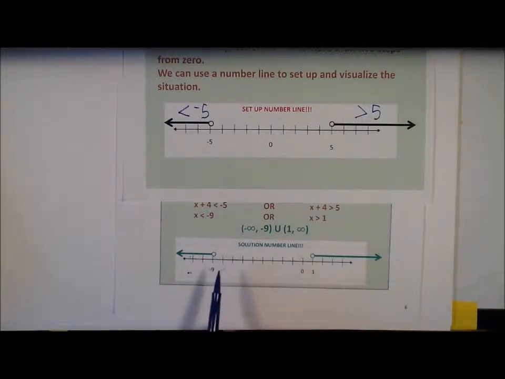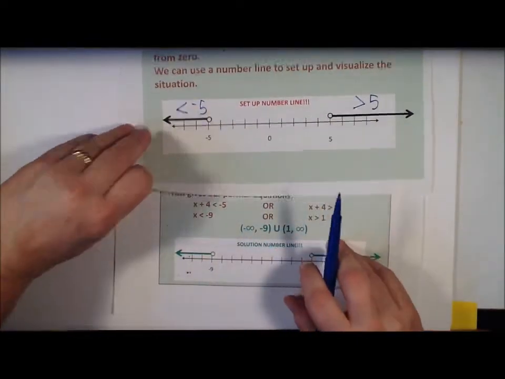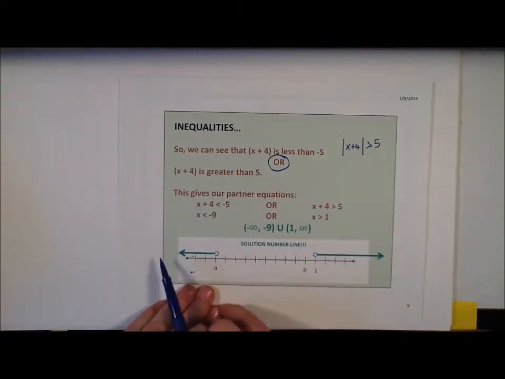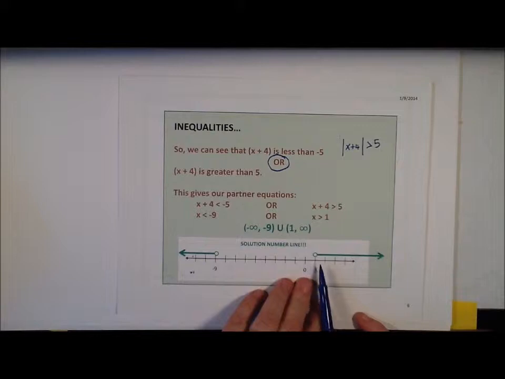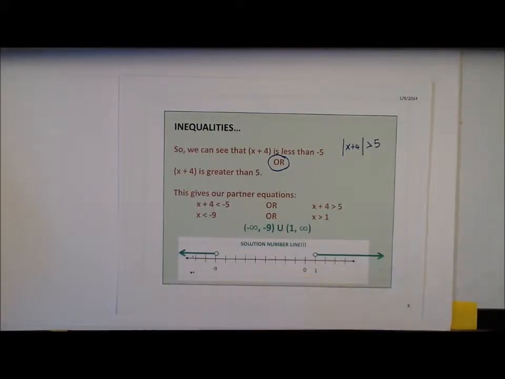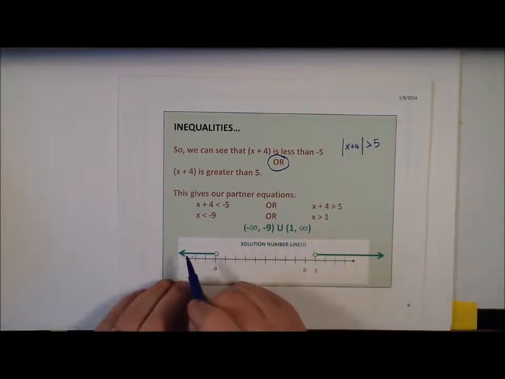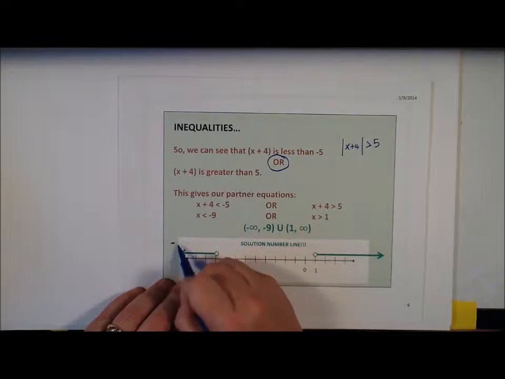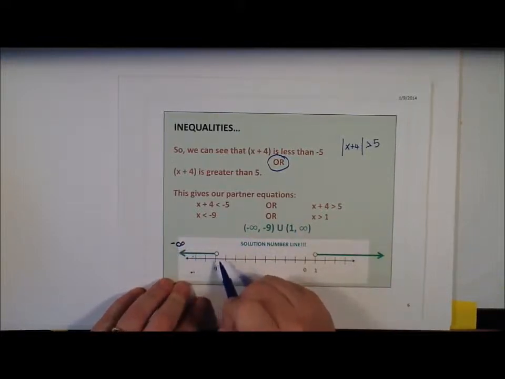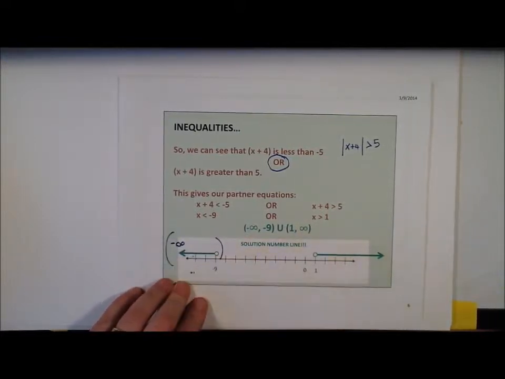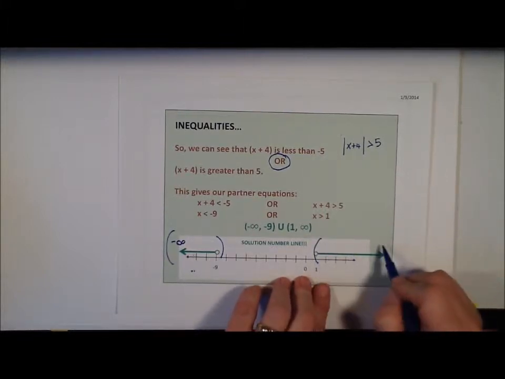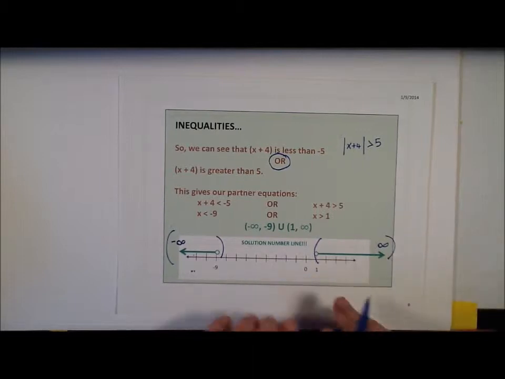And if I graph that on my number line, again I had my setup, and now this is the solution number line. x is less than negative 9, or x is greater than positive 1. And when I write this, it looks like this, because any number between negative infinity and negative 9 will work, and any number between 1 and infinity will work.